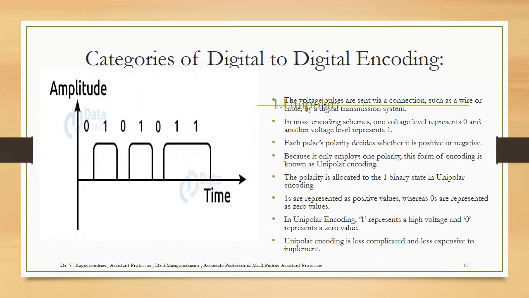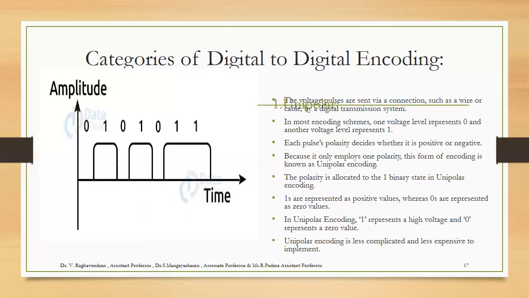Each pulse polarity decides whether it is a positive or negative value. Because it employs only one polarity, this form of encoding is known as unipolar encoding. The polarity is allocated to one binary state in unipolar encoding. Ones are represented as positive values, zeros are represented as zero values.